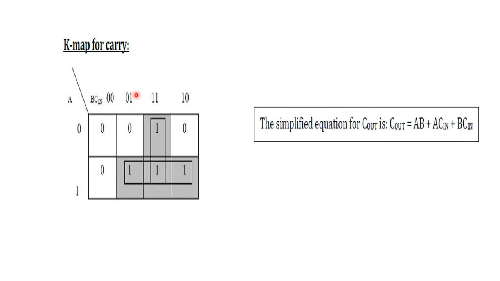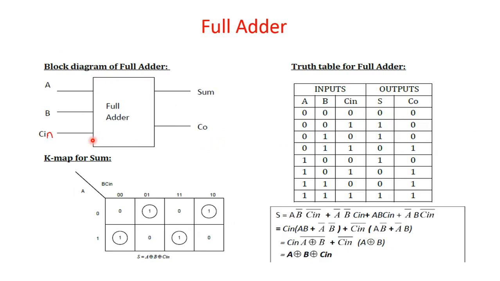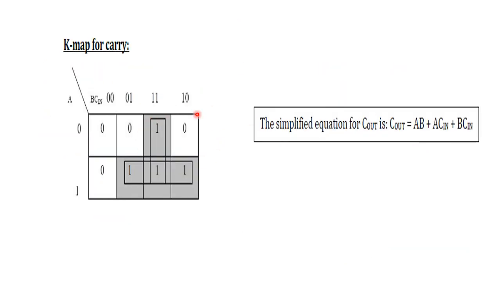Next one is carry. According to this truth table, just fill this K-map for the carry. For 0, 0, 0 combination, carry is 0. For 0, 0, 1, carry is 0. For 0, 1, 0, carry is 0.